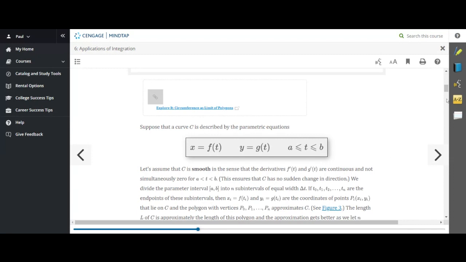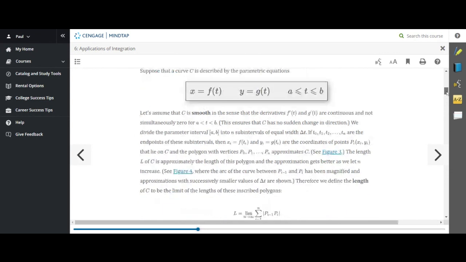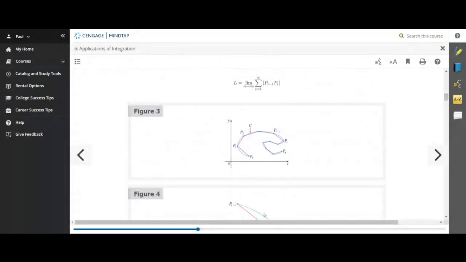Here again is the picture, figure 3. If we want to approximate the length of that arc, we would just add up the distances of each line segment using the distance formula for a line.